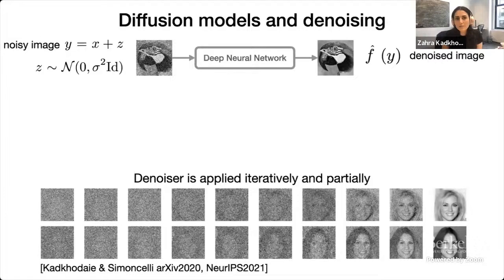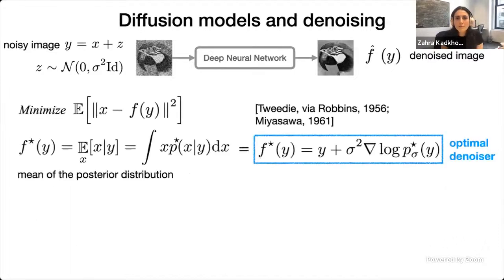And everything that I'm going to show here is a variation of a diffusion model which we developed a couple of years ago. All right, so now the question is, why does this work? What does denoising have to do with sampling from a density? The magic lies in this equation that connects the density to the denoising mapping. This is attributed to Tweedie and Miyasawa.